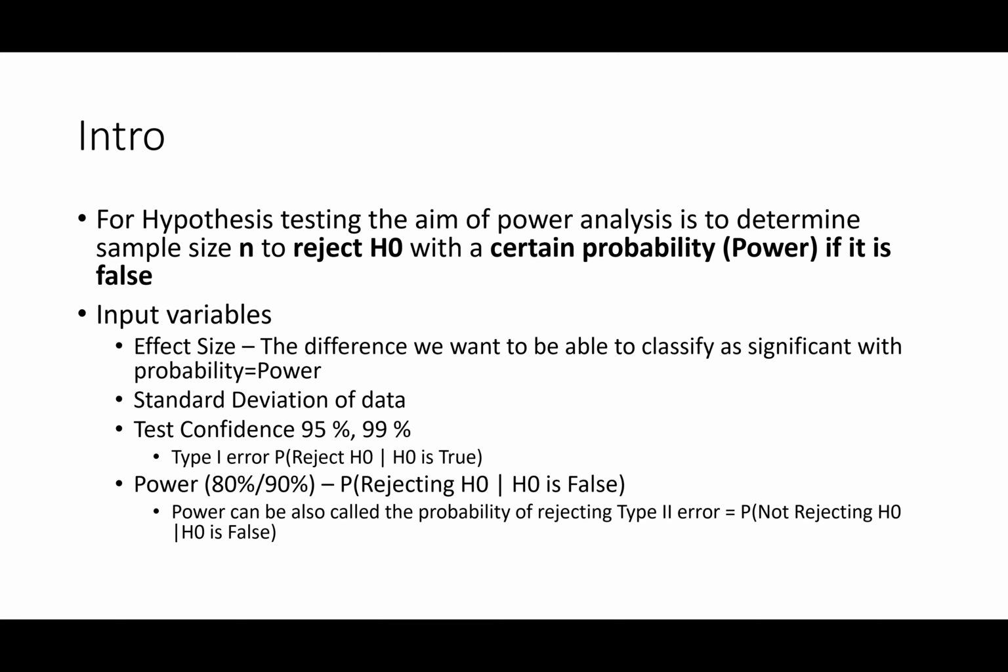This is usually set as 80% or 90%, and it's the probability of rejecting the null hypothesis, assuming that it is false. Or it can be said as well that power is the probability of avoiding type 2 error. And type 2 error is the probability of not rejecting the null hypothesis, assuming that the null hypothesis is false.